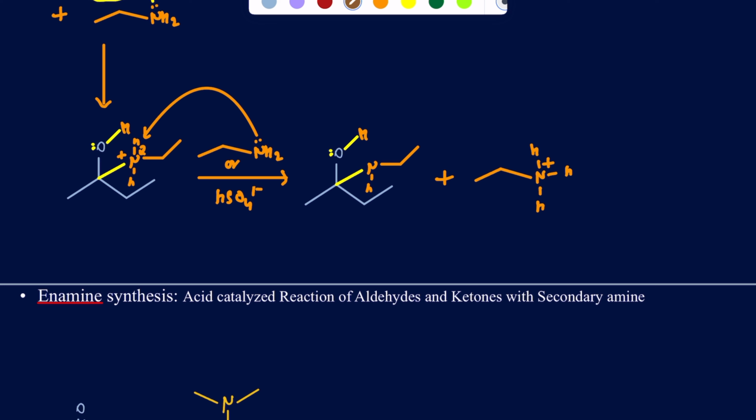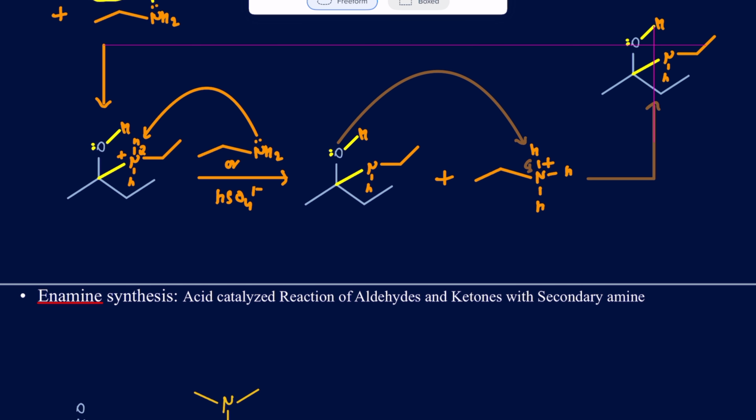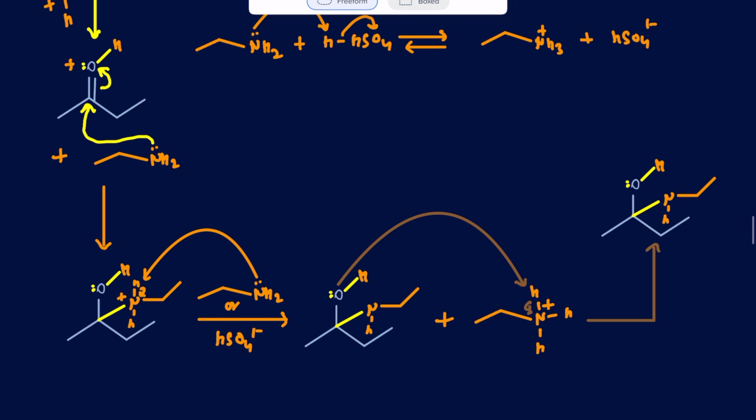So then I want to protonate this oxygen here again. And when I protonate this oxygen, I'm going to get, so remember there were actually 2 lone pairs here.